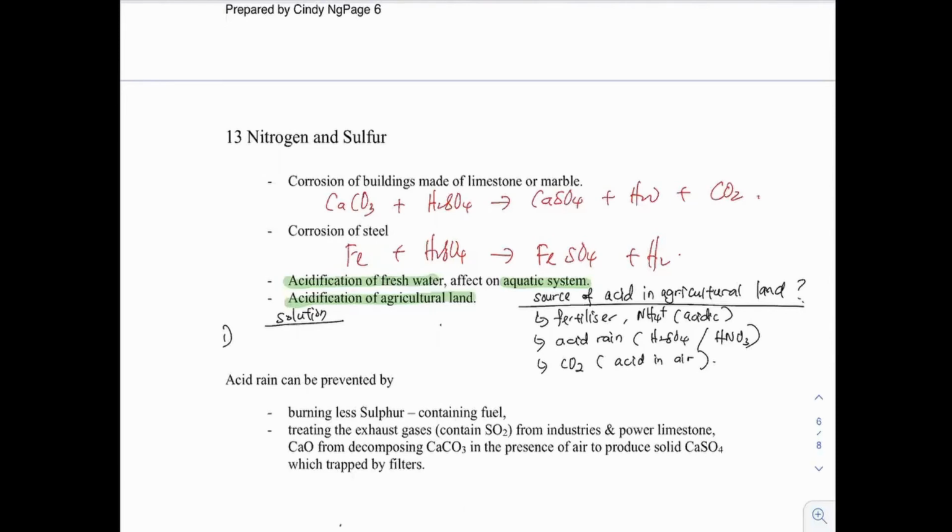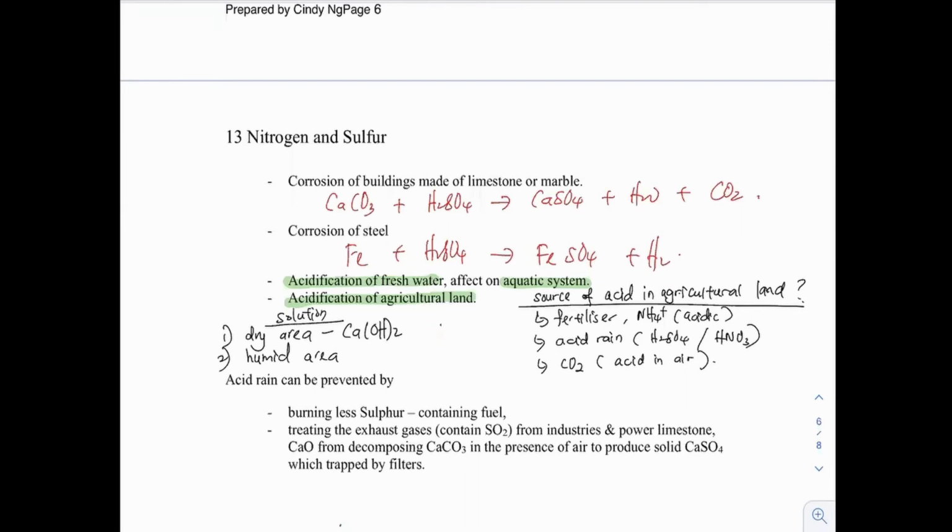If it is in a dry area, we will have to put the lime in liquid form, for example calcium hydroxide, which is known as lime water.